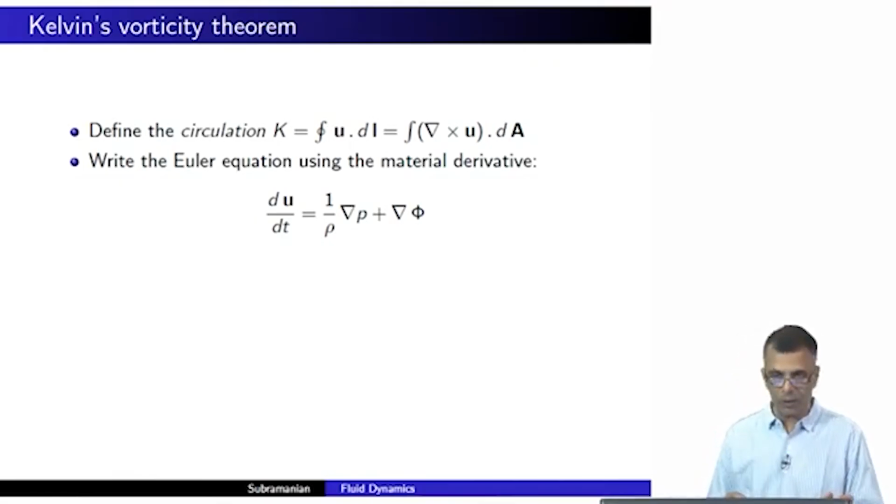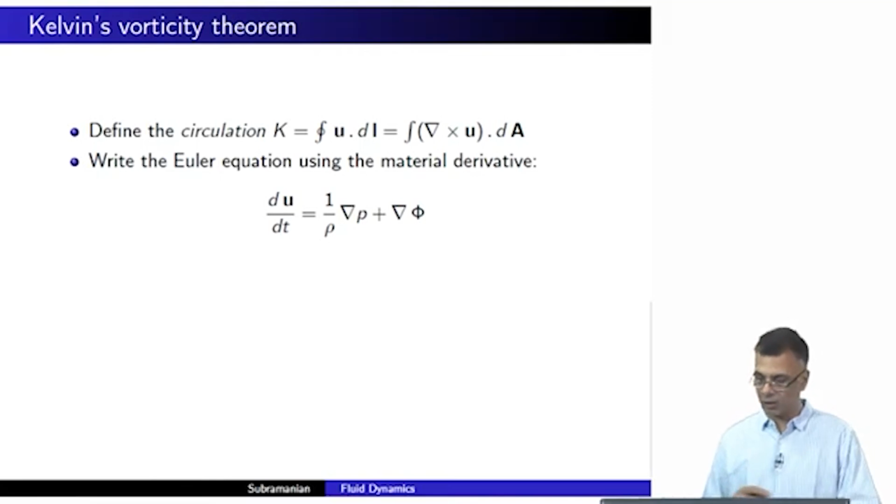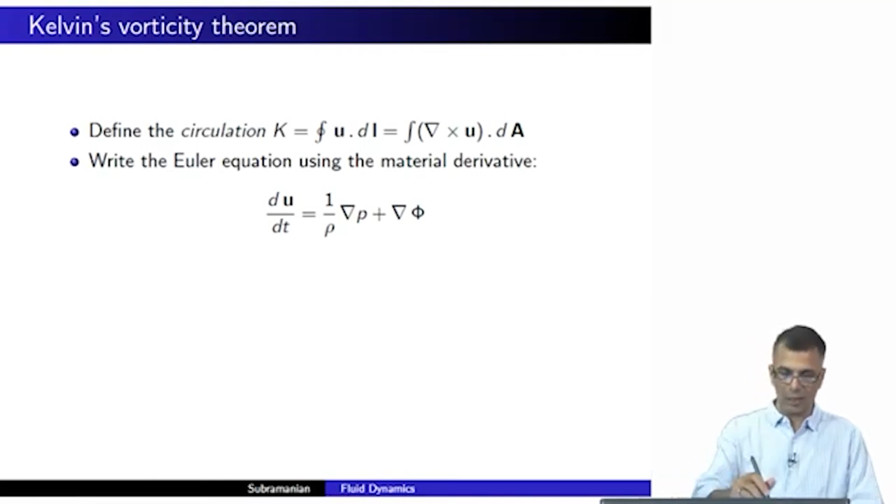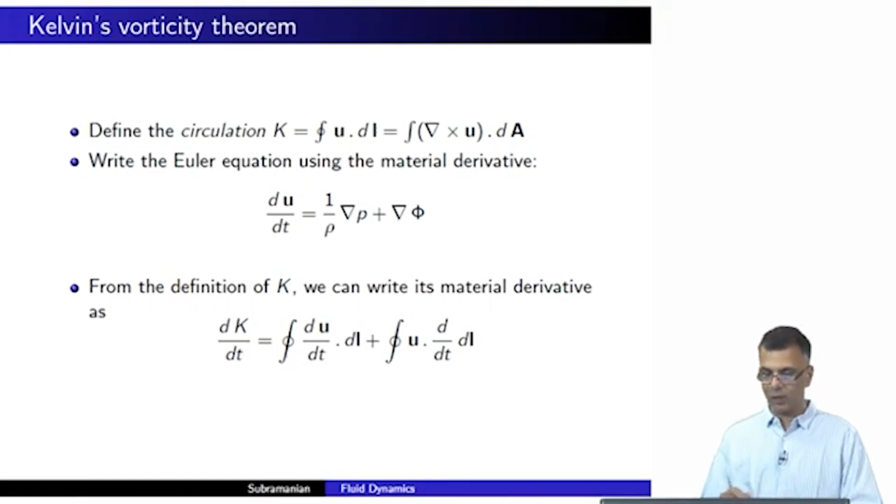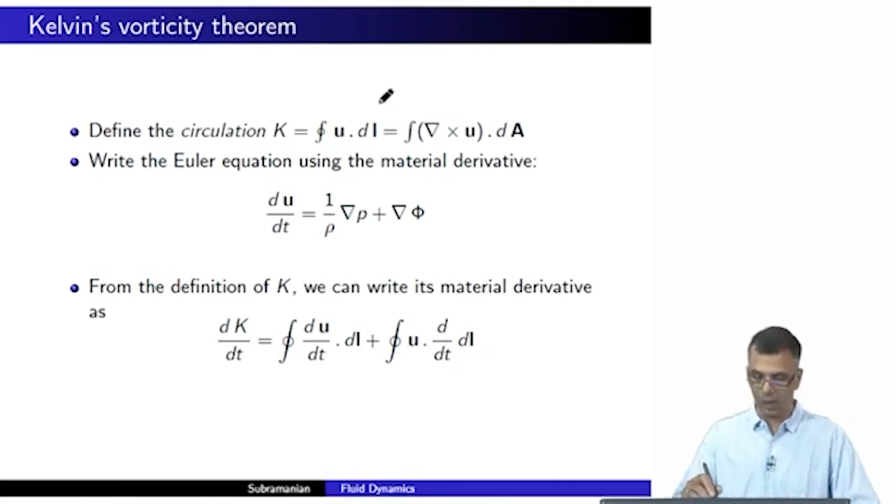So, the Euler equation using the material derivative is this, and from the definition of K, you do this operation, U dot dl, all through the equation. And this connection, as you might already have guessed, is made using Stokes' theorem.